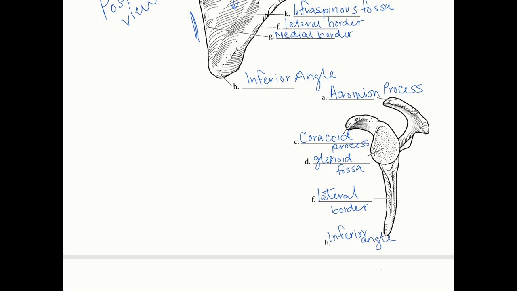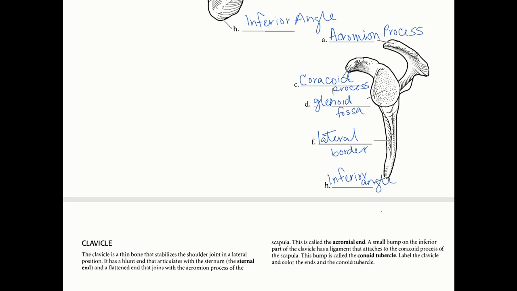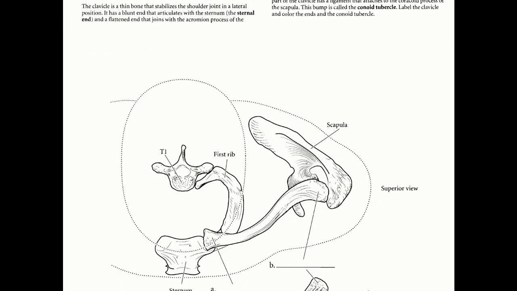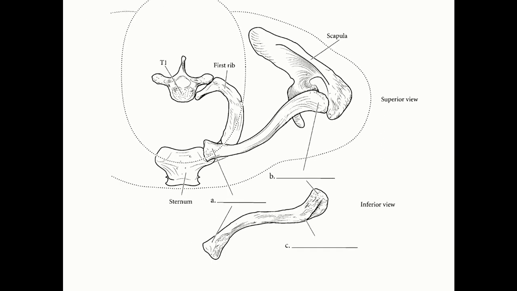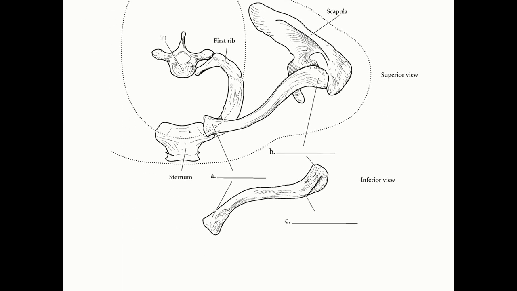All right. Let's go ahead and take a look at how the clavicle is going to fit in with the scapula. All right. So here we've got our scapula labeled. You can see that the scapula is far more posterior.